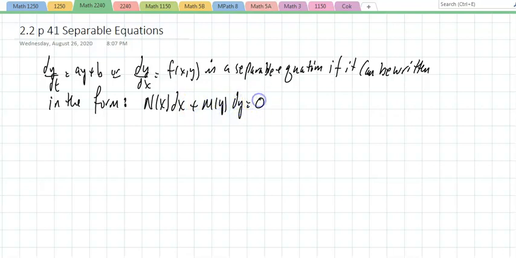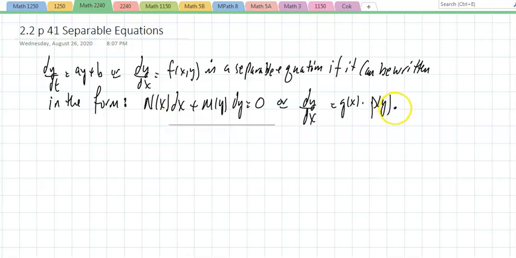Basically, I could separate the x and the y, so a function of x dx, a function of y dy, or I could write dy/dx as a function of x multiplied by a function of y, in which I could separate those and integrate it traditionally like I would do in calculus.